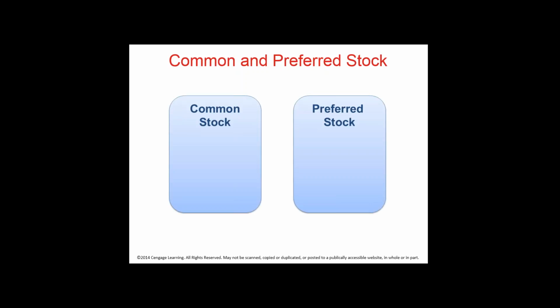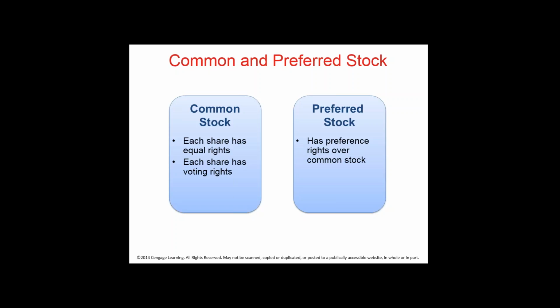There are two types of stock that we generally talk about. The one that we're almost all familiar with, and if a corporation has only one class of stock, it is always common stock. Each share has equal rights, has voting rights.